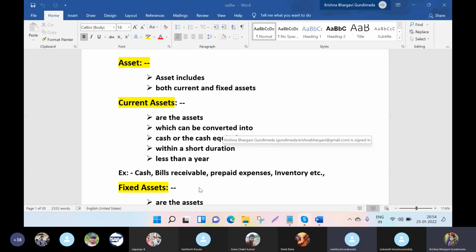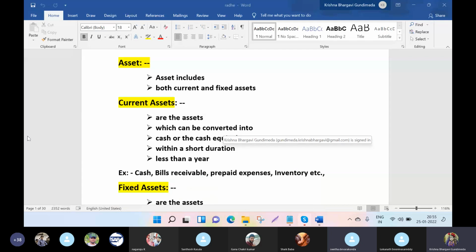And coming to the fixed assets, these are the assets which are held for the purpose of usage and not for resale, and they give a benefit over a period of time and can generate revenue. Suppose an asset is acquired for the purpose of production of output, so the asset can be used for production purposes, and it gives an economic benefit.